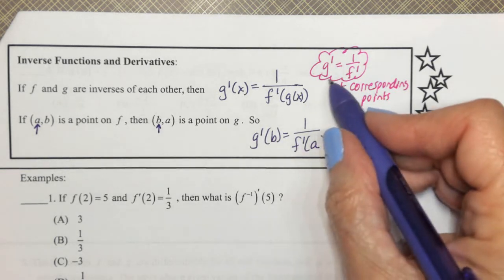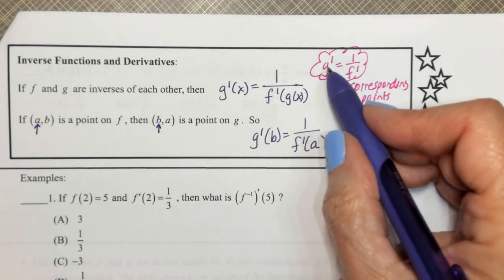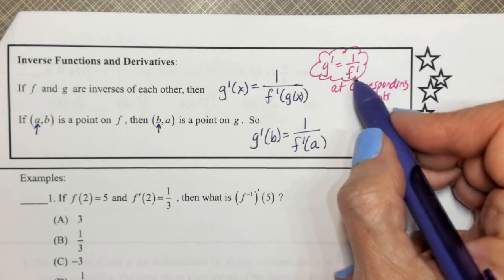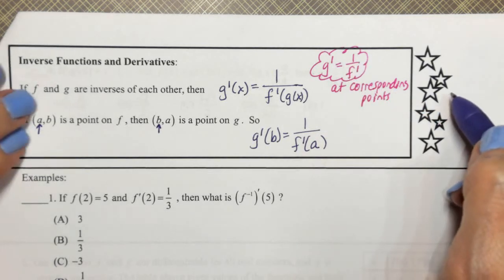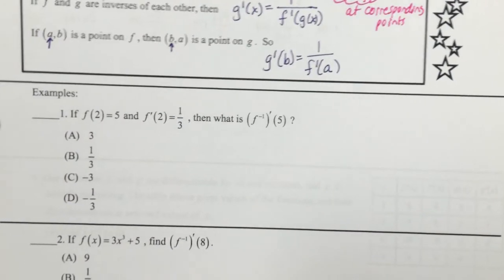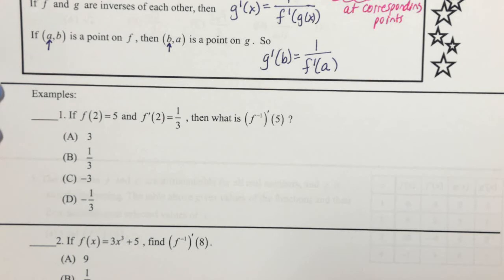So the derivative of G is the reciprocal of the derivative of F at their corresponding points. Let's take a look at how you might be asked questions involving inverse functions derivatives.